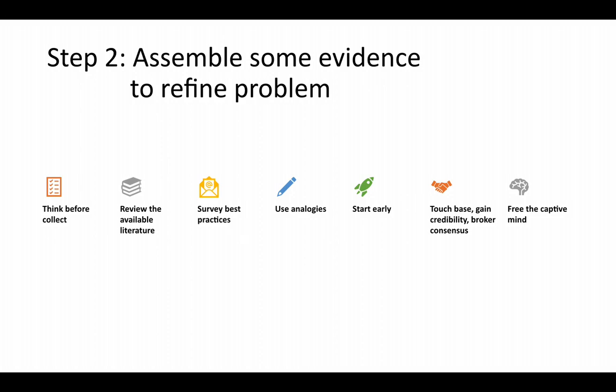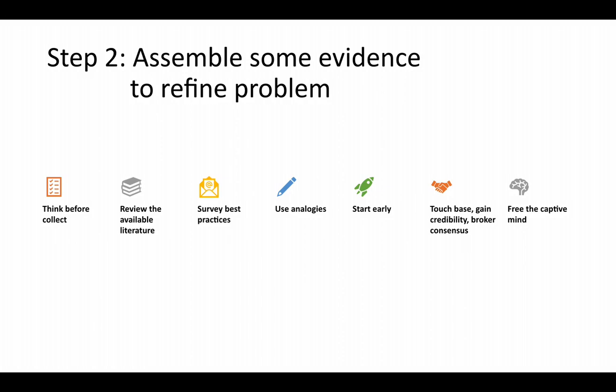So for instance, if you are interested in education, somehow people working in urban design or management, they may have the best practice that suits your situation perfectly. Then you can use that, right? So this is the same idea, use analogies. And of course, you need to start earlier and touch base again.